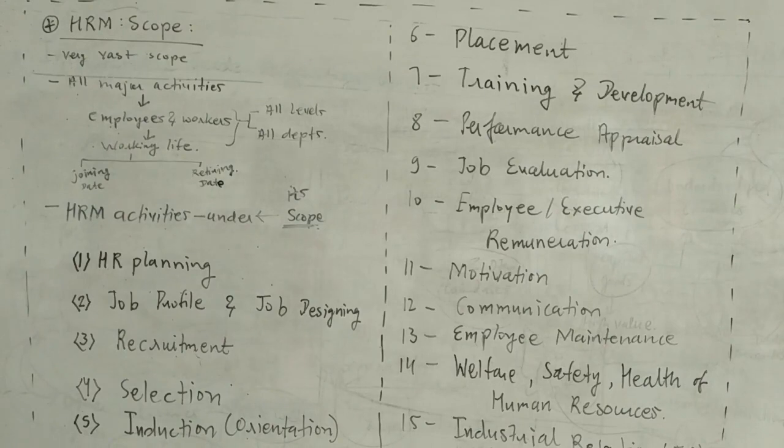We have to craft a document mentioning everything regarding a particular post: its details, responsibilities, functions, timings, terms and conditions. That document is called job profile or job description, JD.